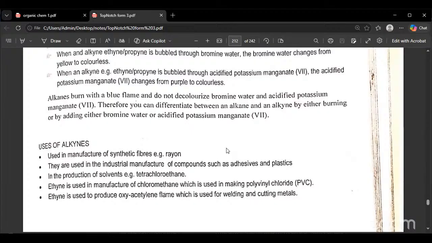There is organic and inorganic solvent. That is one. Manufacture of chloromethane, which is used normally to manufacture PVC. Let me give a very good example of PVC. Everyone here has electricity, or if you don't, you have used water from a well or from somewhere. That black pipe, let me just give a very good example.